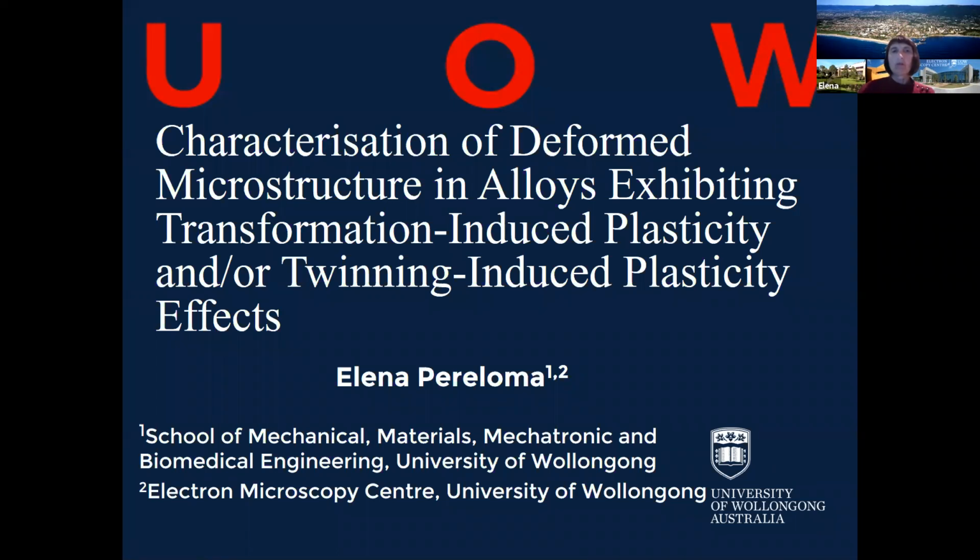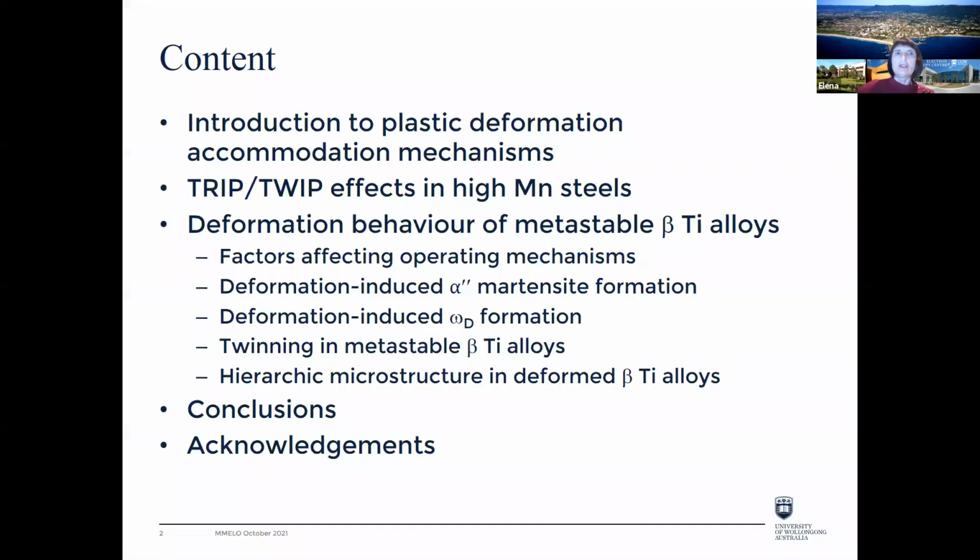So my talk will be focused on two materials, steels and titanium, with the main focus on transformation-induced plasticity and twinning-induced plasticity effects. I will give a very brief introduction to plastic deformation accommodation mechanisms, and then move to talk a bit about high manganese steels, but the majority of my content is on titanium alloys.